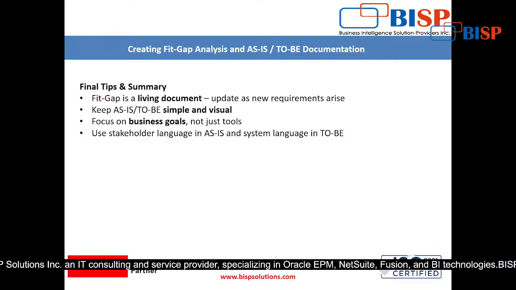Focus on business goals, not just tools. Use stakeholder language in as is and system language in to be. That means whatever the to be is, it means whatever they will be doing after implementing the system. Okay, that is called the to be document.